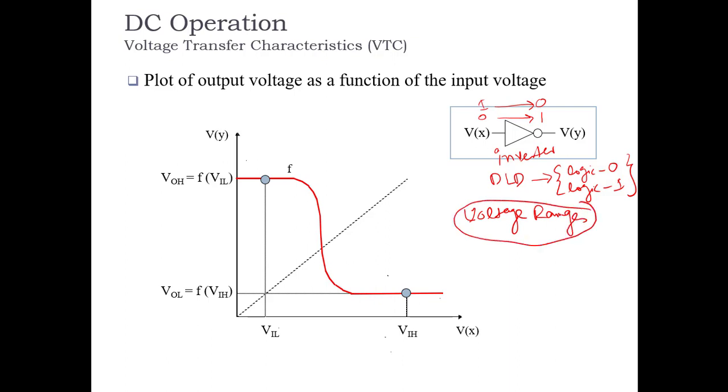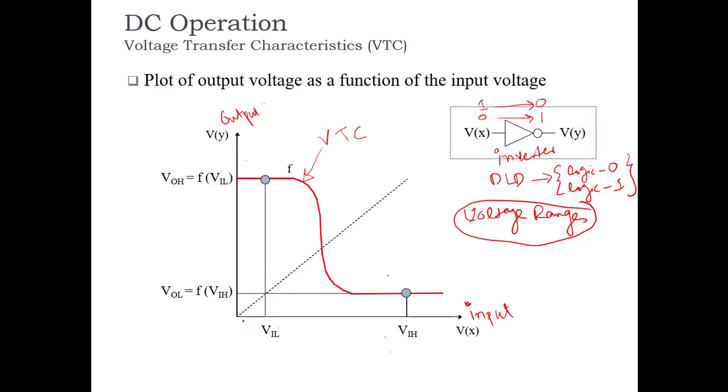So it's very important. Imagine this is the voltage transfer curve of a NOT gate, and let's see how this works. On the x-axis we have the input, which is Vx, and on the y-axis we have the output, which is Vy. Let's say that I want a 0 to be present on the input.